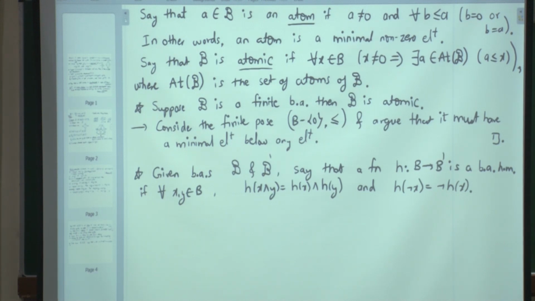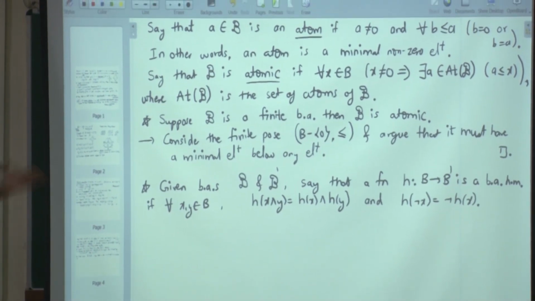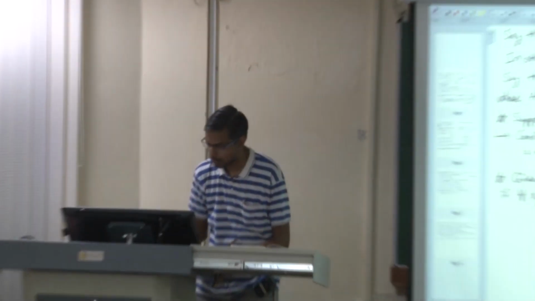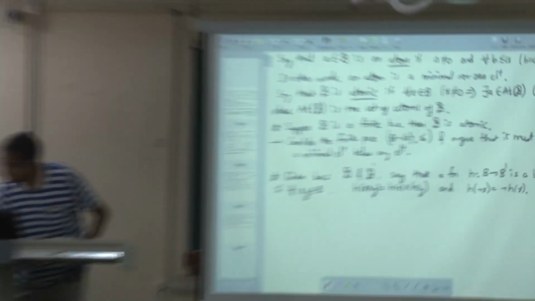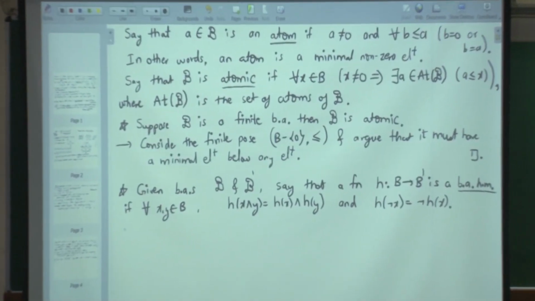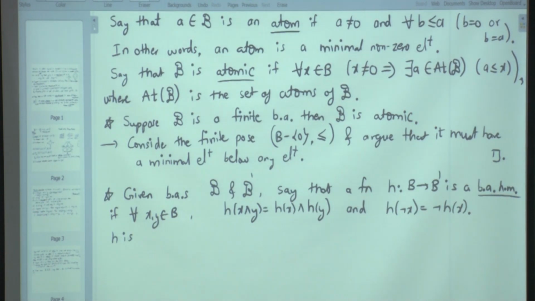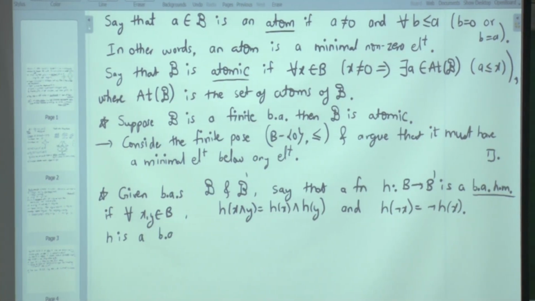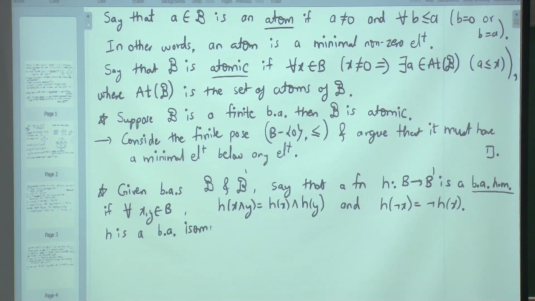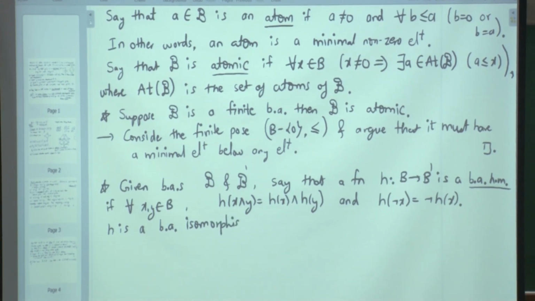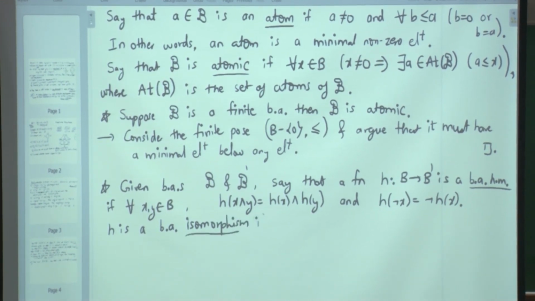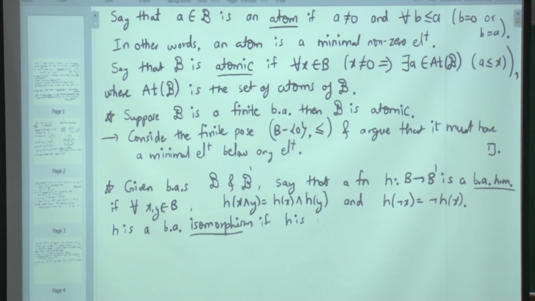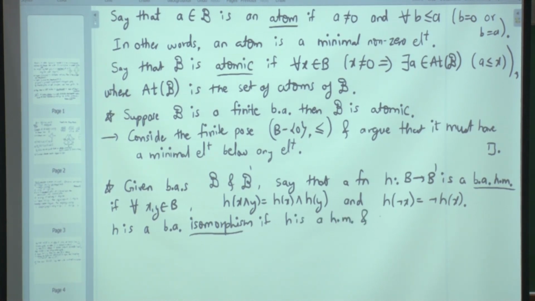It will follow from this. So just this is the definition. And h is a Boolean algebra isomorphism if h is a homomorphism and is bijective.